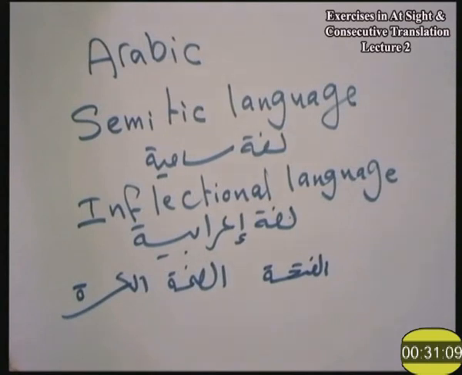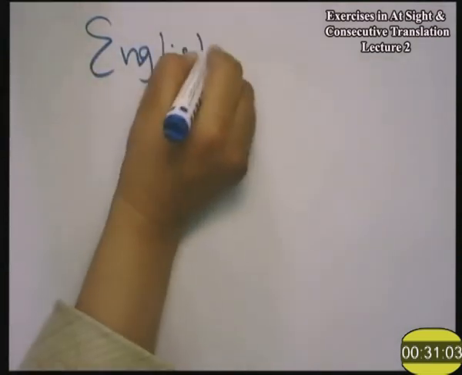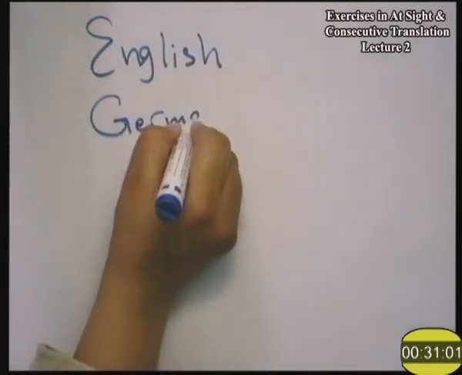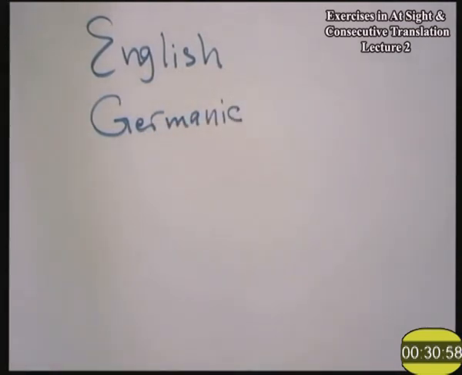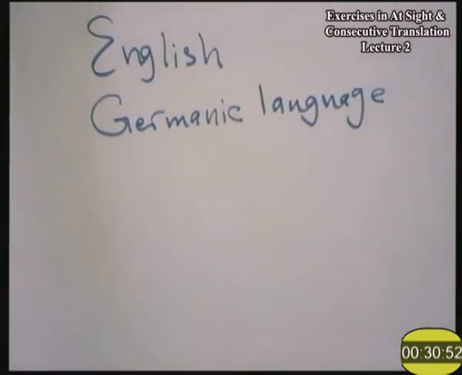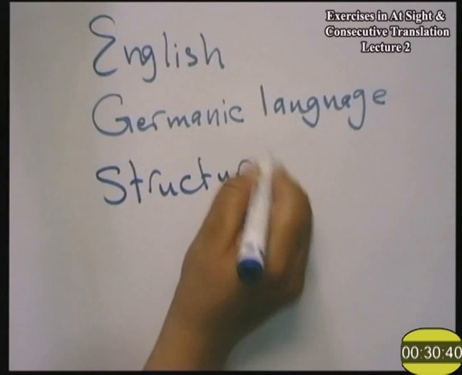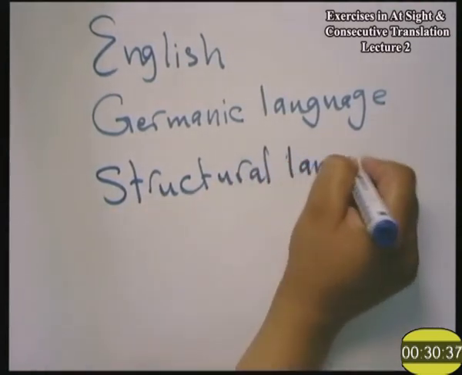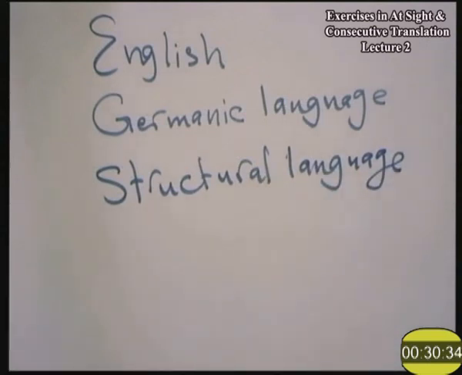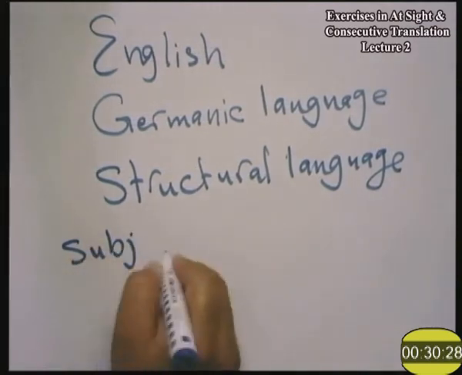Unlike English, which is completely different from Arabic, English is a Germanic language that belongs to the Germanic group. For instance, German. English is very much similar to German, by the way, and it's a structural language, that is based on a structure which is mainly subject, verb.